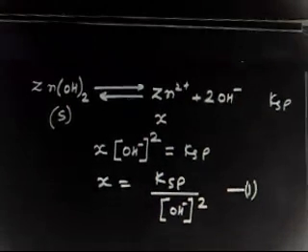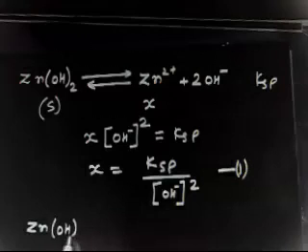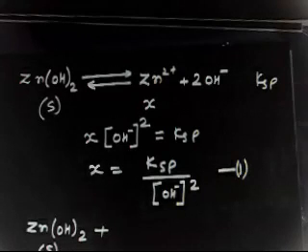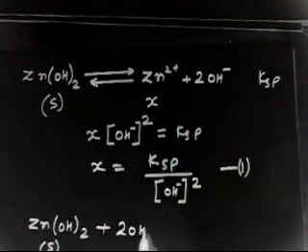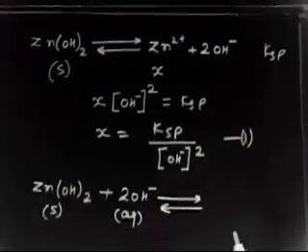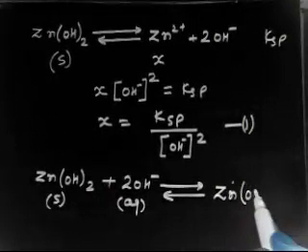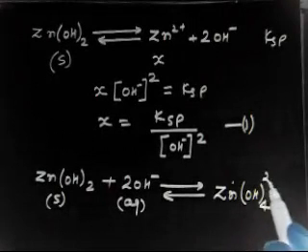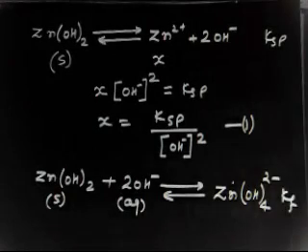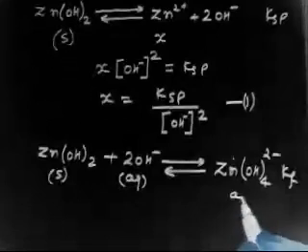I can write the second equation, that is Zn(OH)2, this is a solid, plus 2OH-, that is aqueous. This reaction you have, and this gives Zn(OH)4 2-, this is Kf, and this is again aqueous.